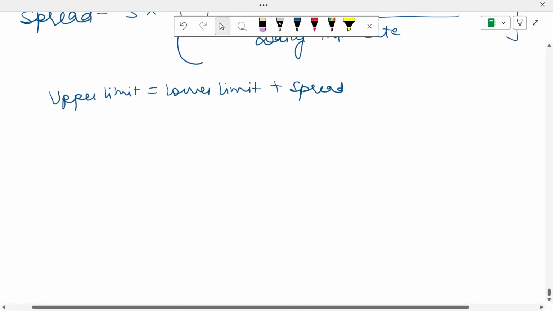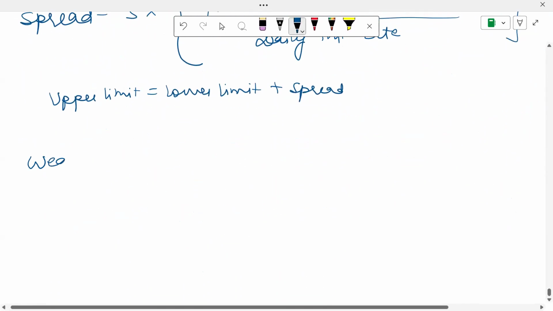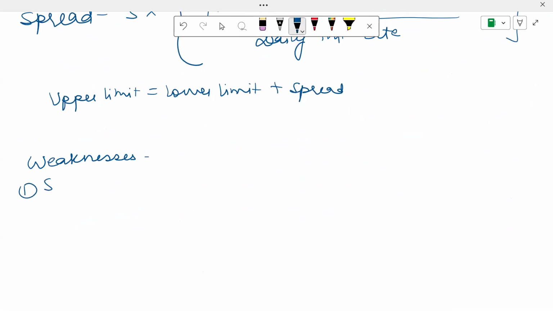Let's talk about the weaknesses now. The weaknesses that this model has: number one, subjectivity in setting the lower limit, because it's the management who's going to set the lower limit. So there is always subjectivity. What may be the lower limit for you may be too high for someone else.